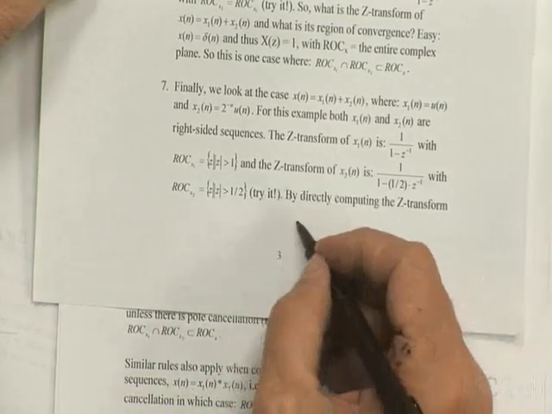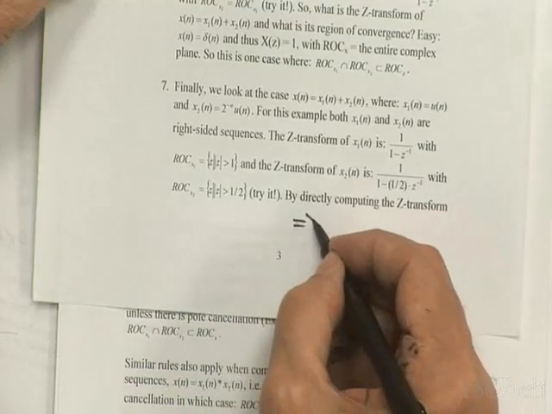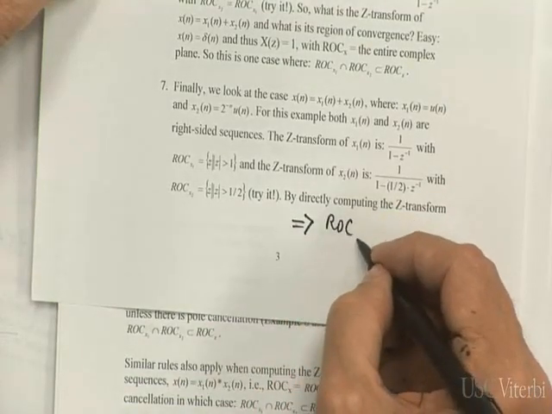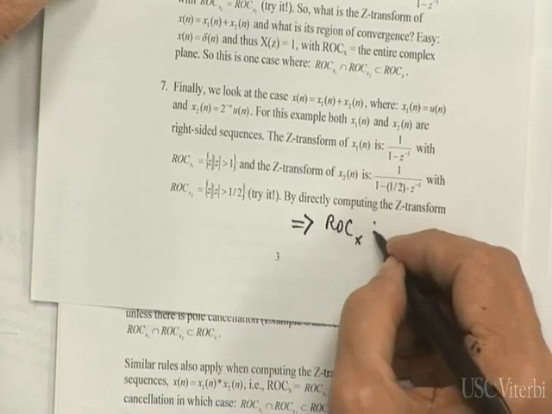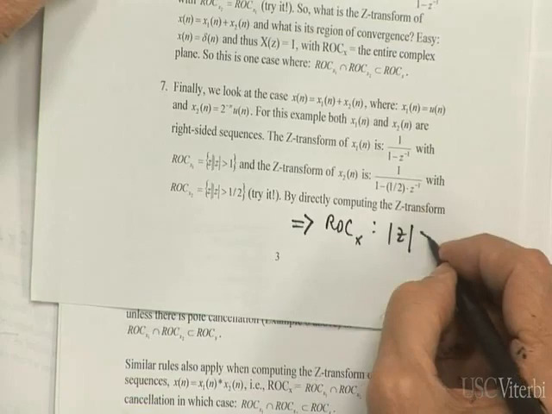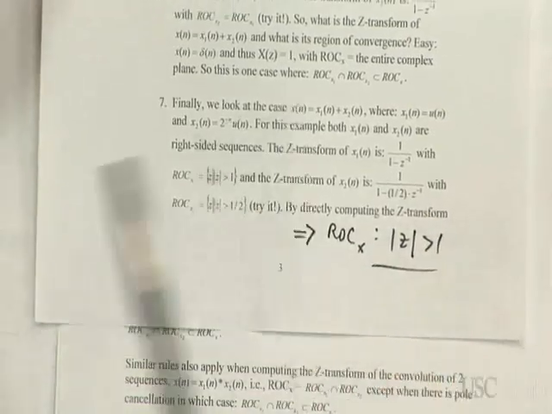And so that implies that the ROC of the sum must be the set of z greater than 1. That's the intersection of the two regions of convergence. I want to make sure I said that.